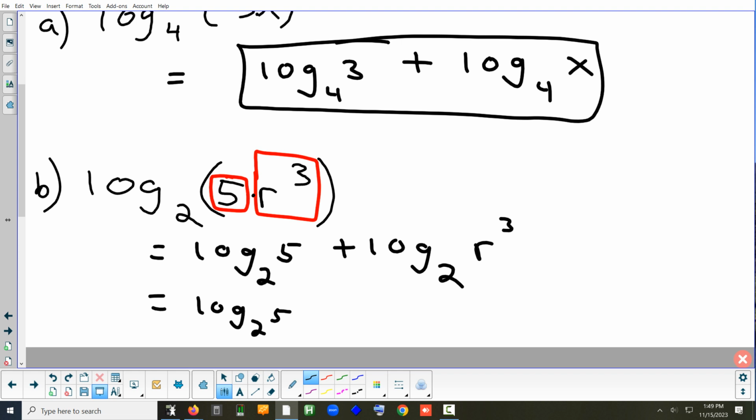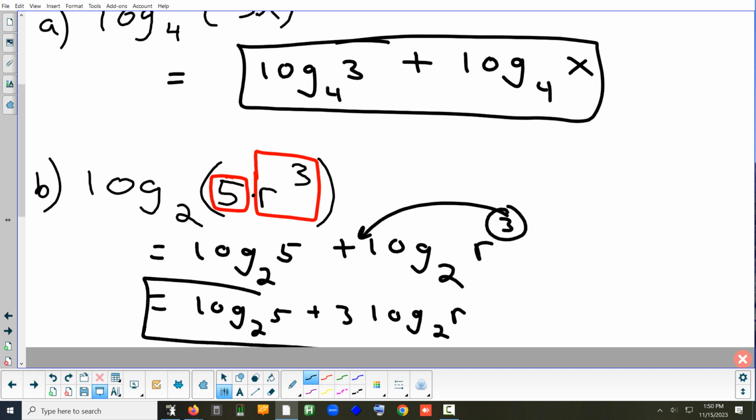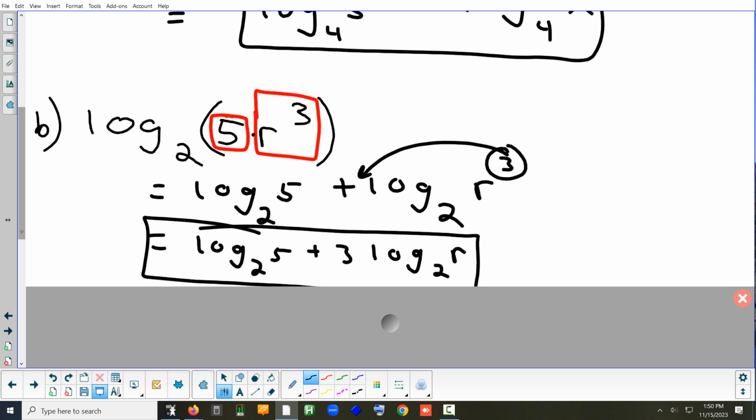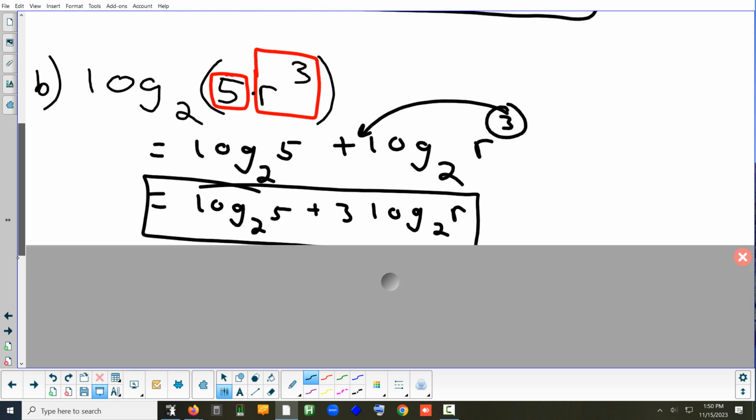Put it just in front of that log, not in front of the entire problem. So 3 log base 2 of r. And that's how you split that one into 2. Okay, any question on that one?